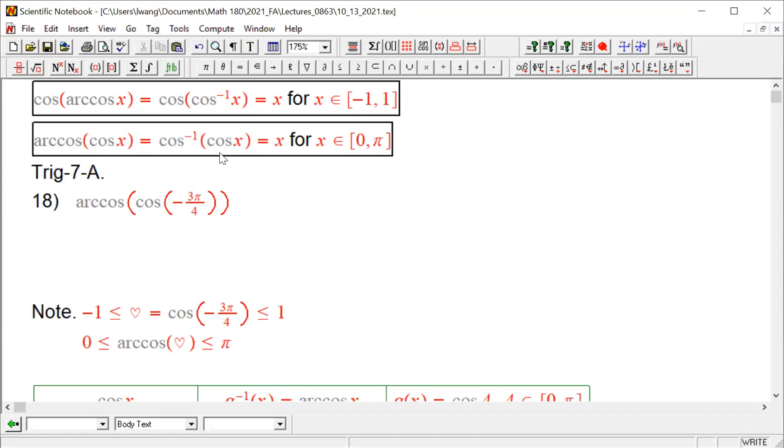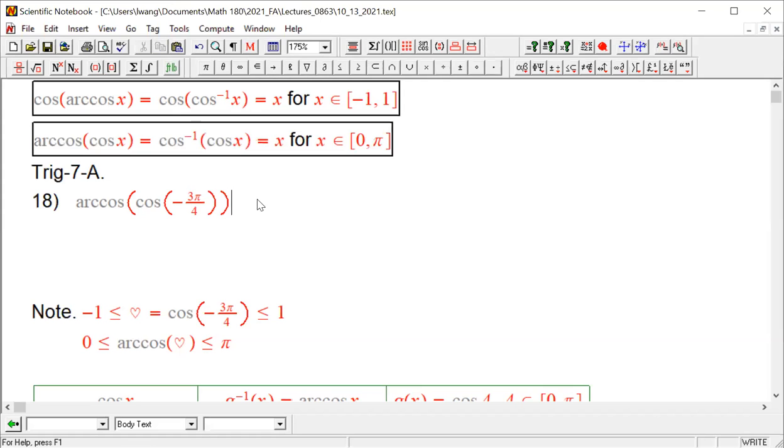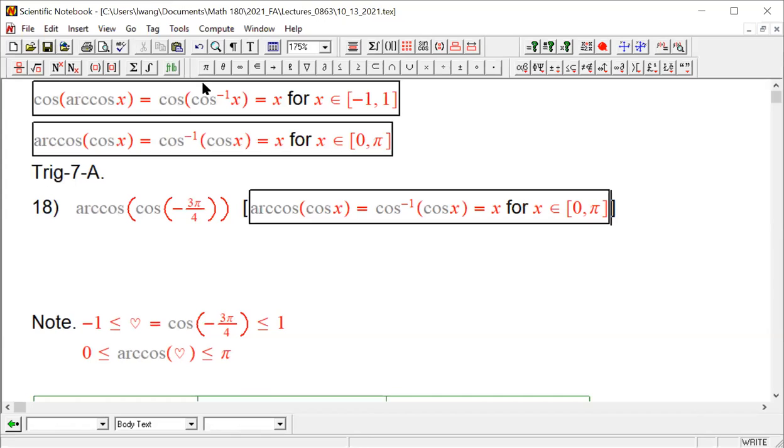But the second form requires this x to be between 0 and pi. -3 pi over 4 is not between 0 and pi, so this form does not apply. You can think of it, but just as a note, you don't have to put it down.